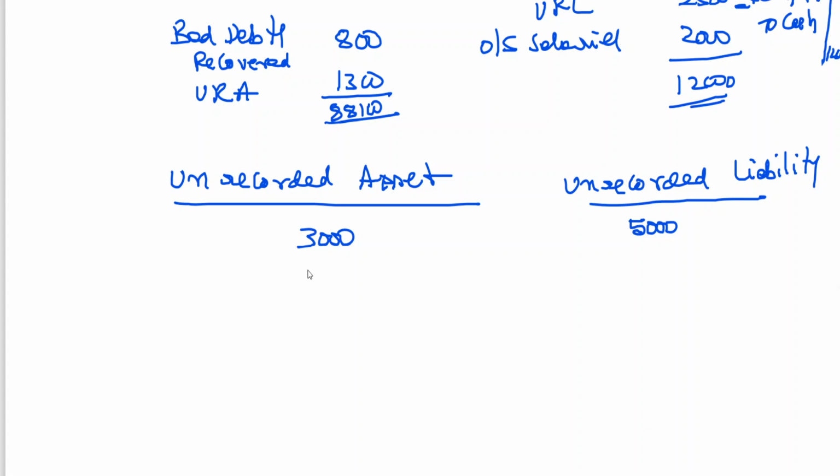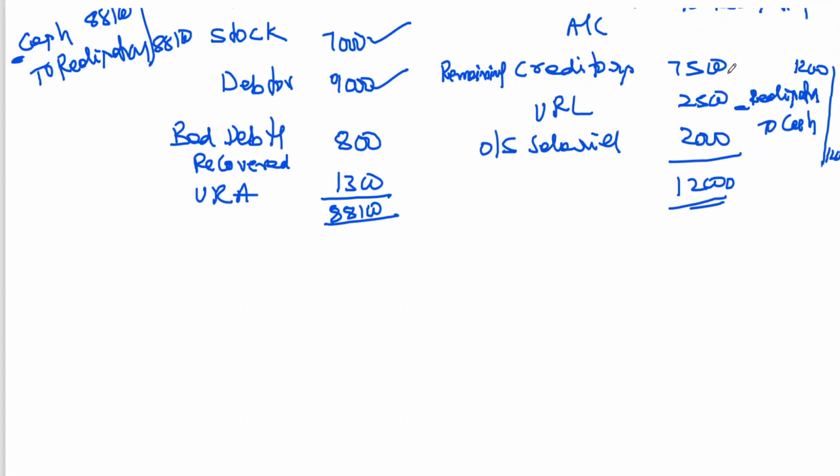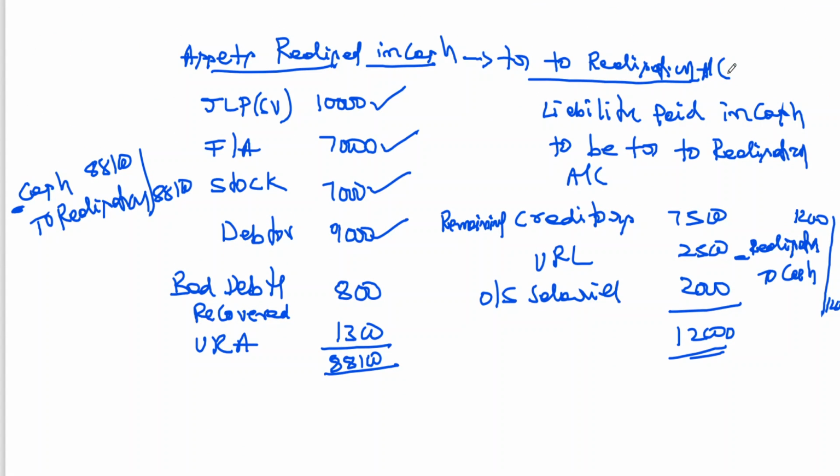Okay. Now important entries: cash to realization account. You know the transfer entries you'll be writing. Only I'm giving the entries for this.